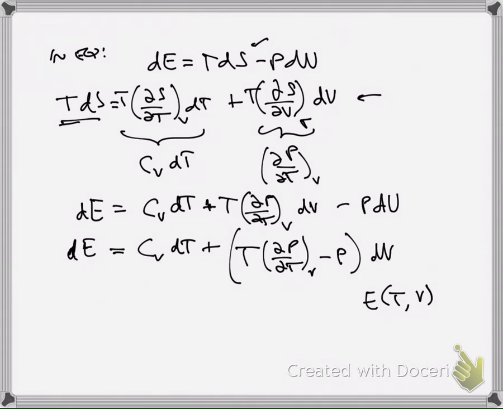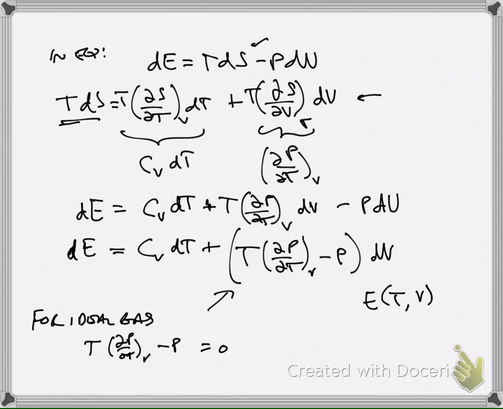The one remaining thing I want to point out, which we sort of covered once before, is this idea that if we now do the ideal gas, so far we haven't assumed the ideal gas, but if we do, what would we find? We would find that T partial P partial T at constant volume minus P is 0, right?